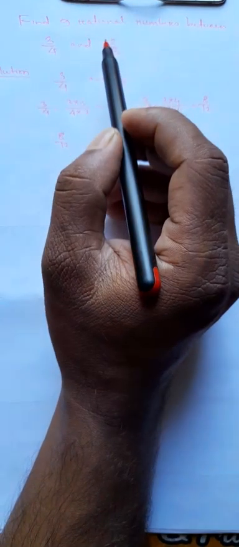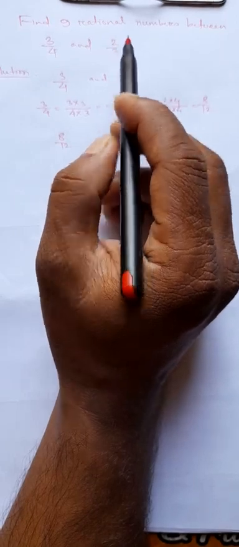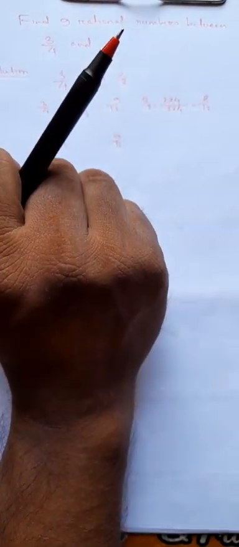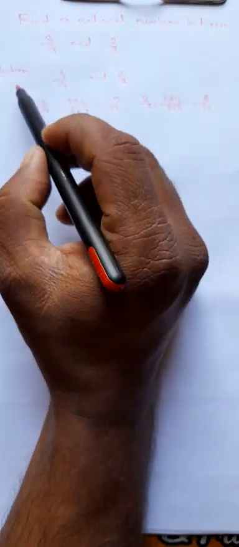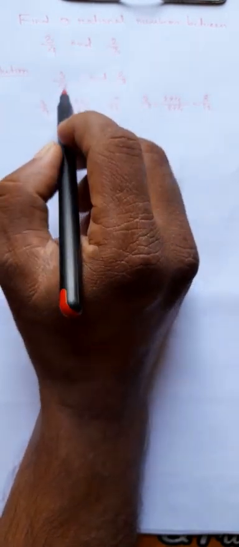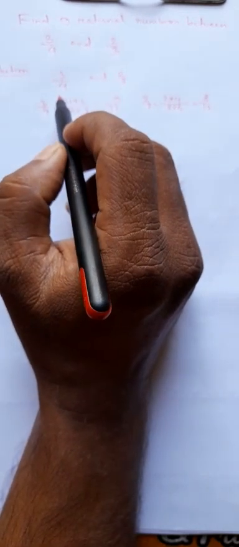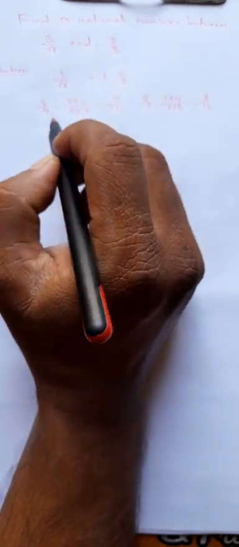Now let us find 9 rational numbers between 3/4 and 2/3. We will try to solve it in different ways. So let us see 3/4 and 2/3. The LCM of 4 and 3 is 12. So we will try to convert these two fractions into like fractions.